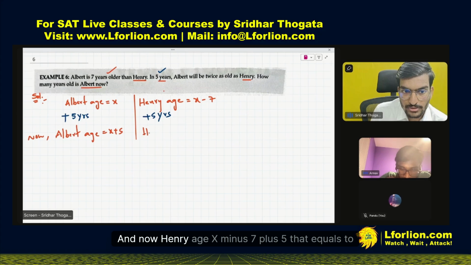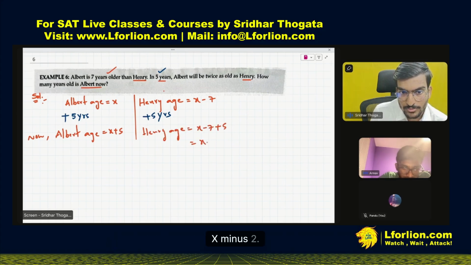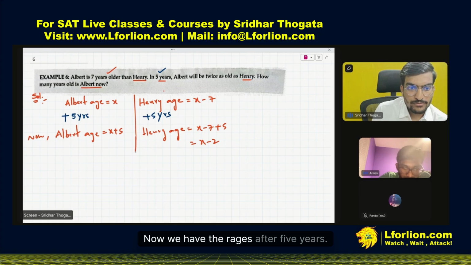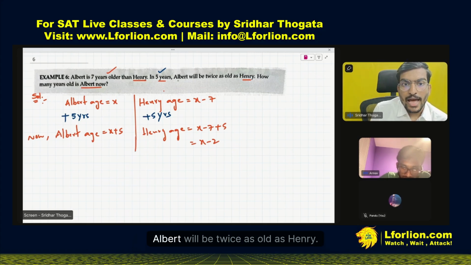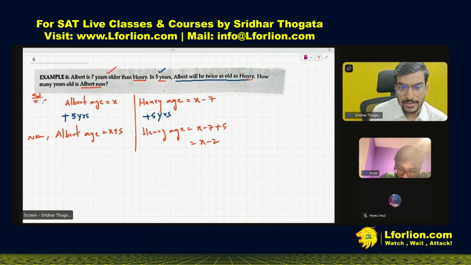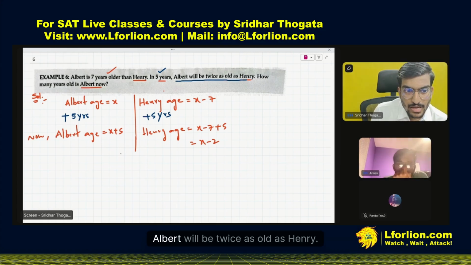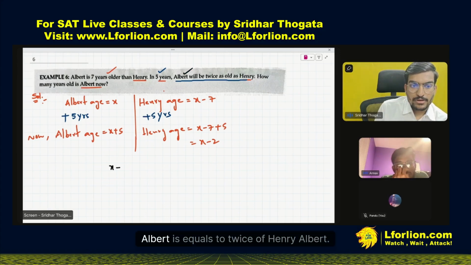And now Henry's age is x minus 7 plus 5, that equals x minus 2. Now we have their ages after 5 years. Listen, Albert will be twice as old as Henry. Albert equals twice of Henry.